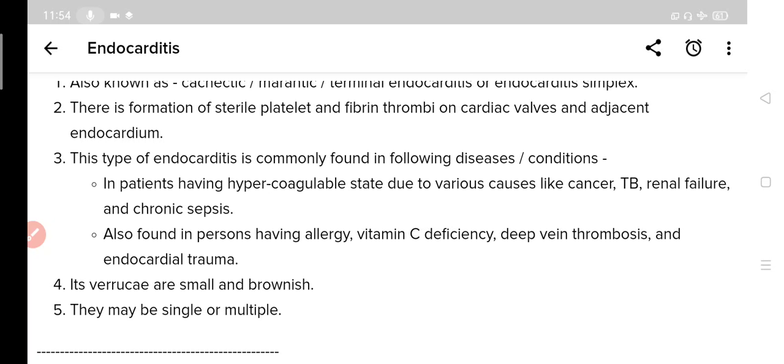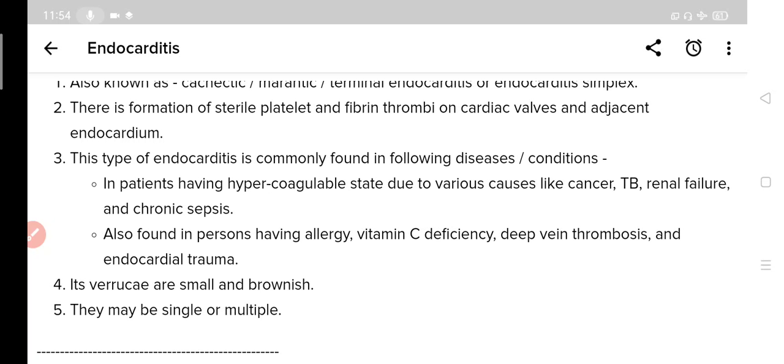First is in patients having a hypercoagulable state due to various causes like cancer, TB, renal failure and chronic sepsis. So, these are conditions in which the patient has a hypercoagulable state. What is a hypercoagulable state? It is one in which blood has a tendency to form clots.